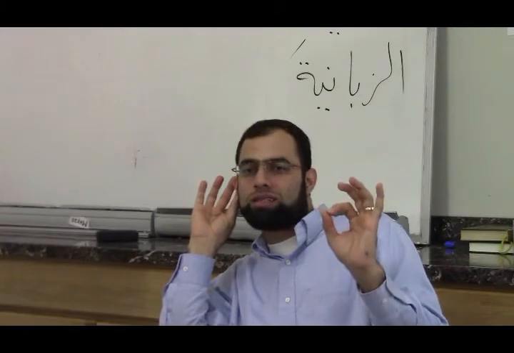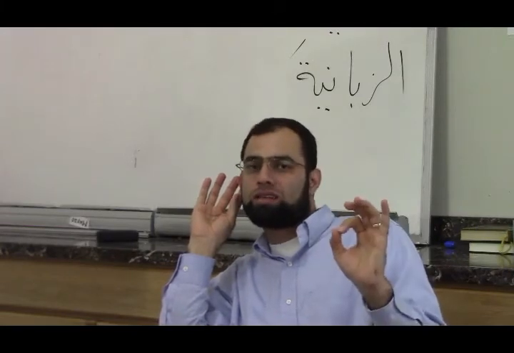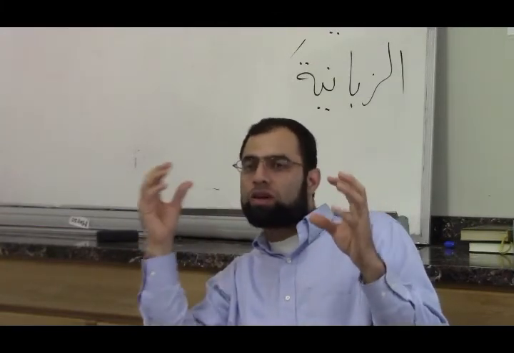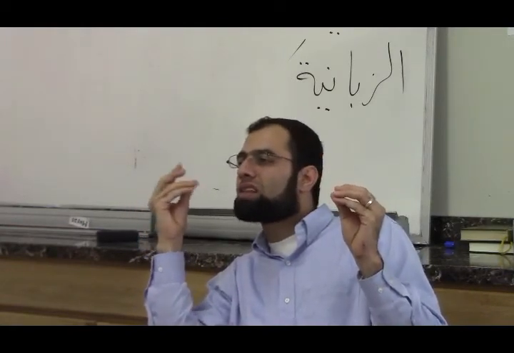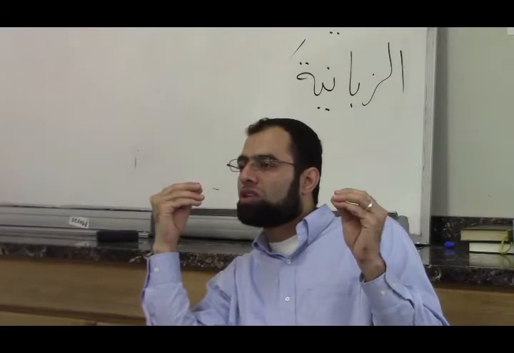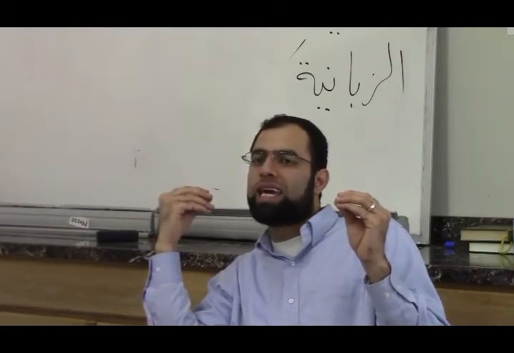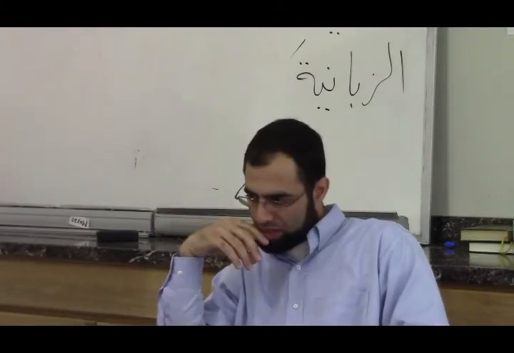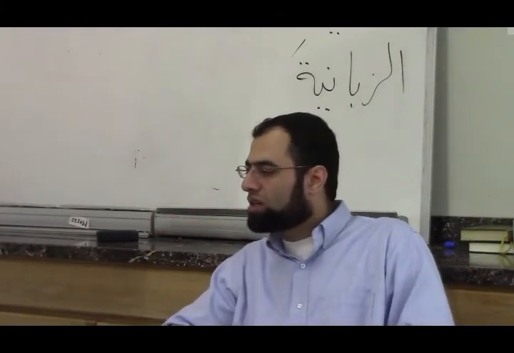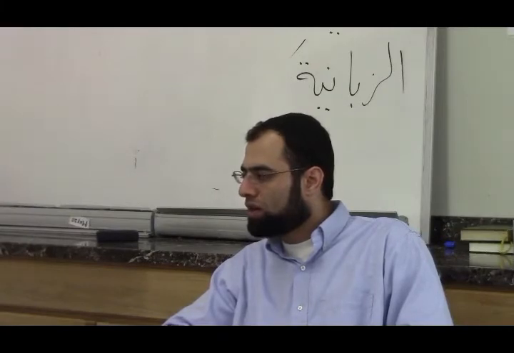The epiglottis. The epiglottis is in the middle throat, and that is the main thing that will move to produce the Ain and the Ha, right? Let's see what the epiglottis is before we move on.